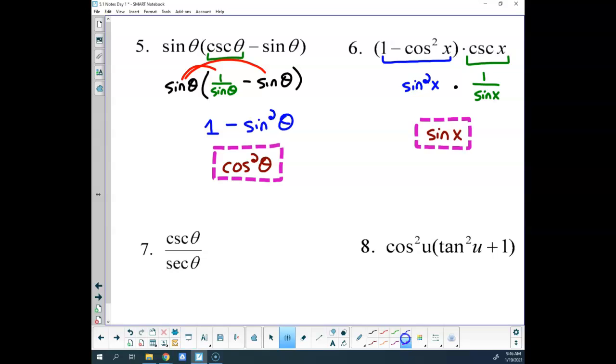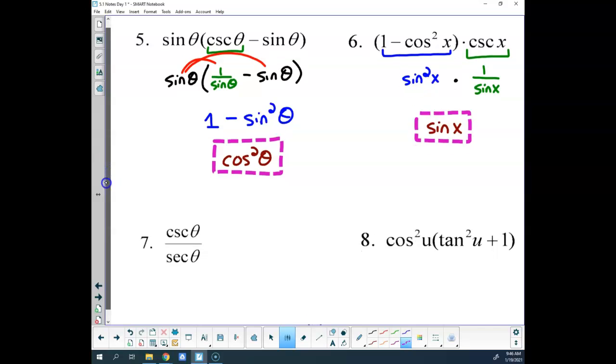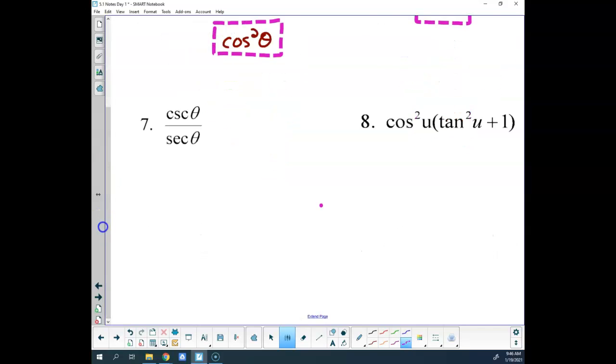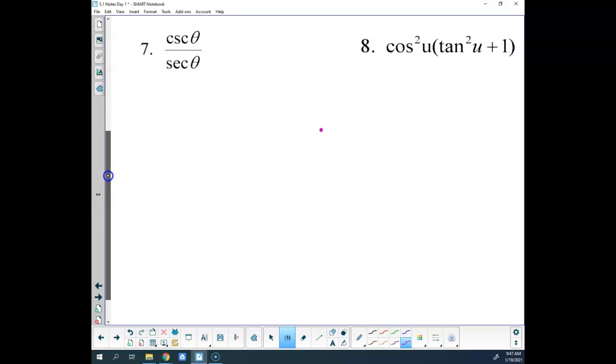Again, why don't you try these two? Cosecant is 1 over sine. And secant is 1 over cosine.